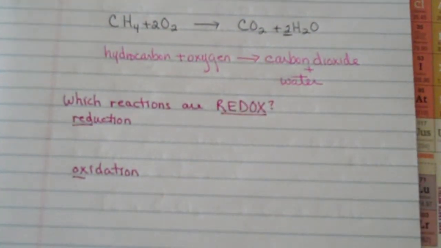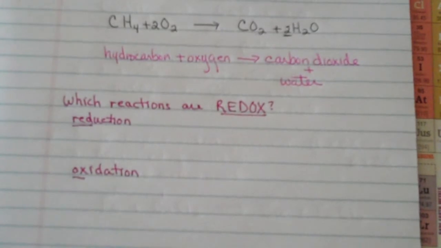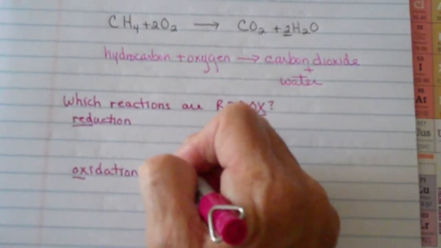Now, how are you supposed to remember what's going on in a redox reaction? The story is long, so I'll skip it for college students and simply say that in an oxidation, you are losing electrons.